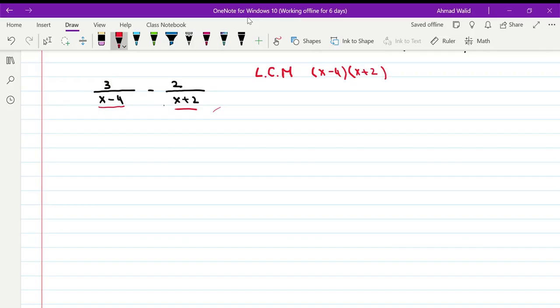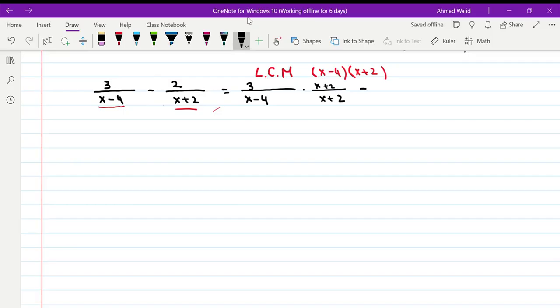To add these two fractions, how do you deal? You multiply each fraction with the common denominator, correct? You go this way, 3 over x minus 4, and you multiply this fraction with x plus 2 over x plus 2, correct?